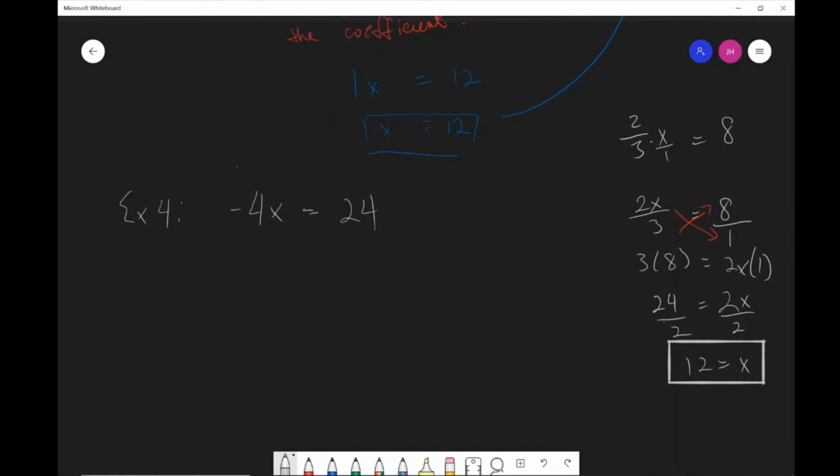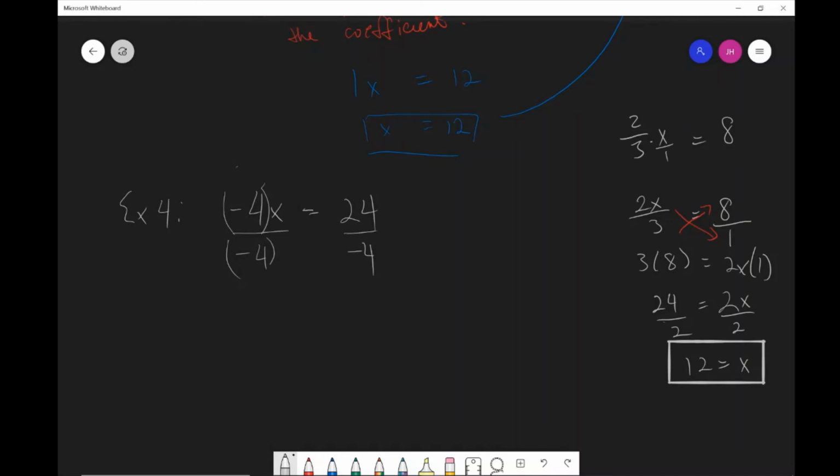So that is a multiplication, so I have to do division. So I can simply divide by -4 on both sides in this case. Again, please divide the coefficient all together. Don't just divide by the 4, but divide by the -4 in this case.